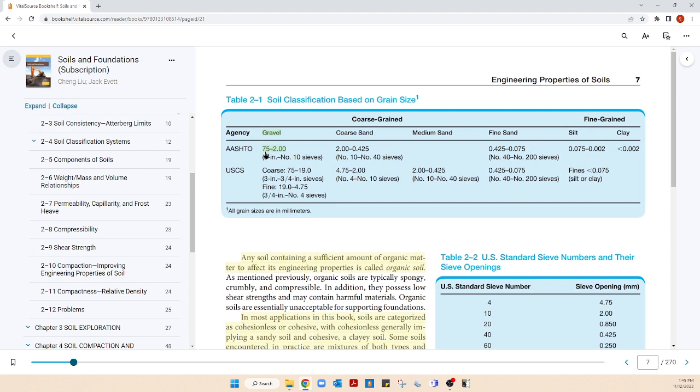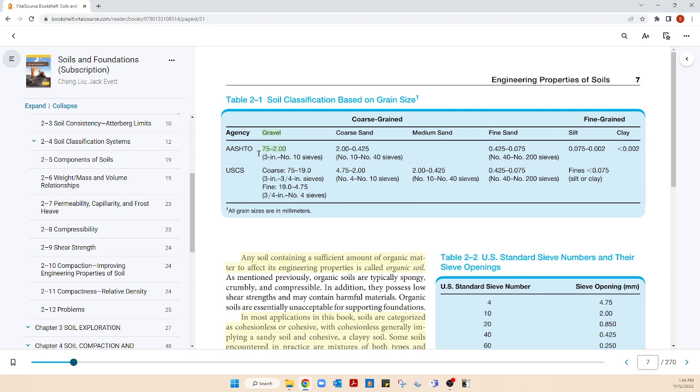I pretty much remember these, but I've got notes here. So gravel is material that passes a 75 millimeter sieve and is retained on a 2 millimeter sieve.